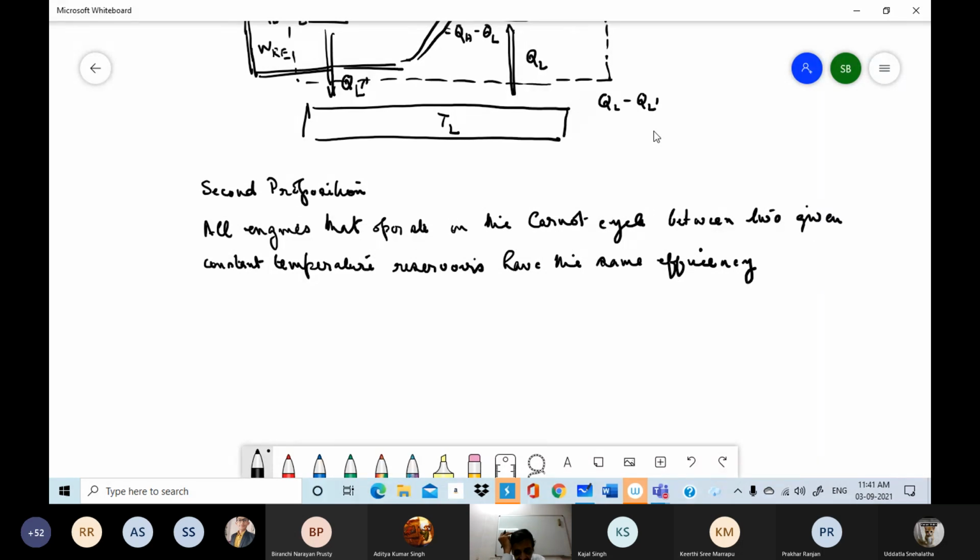Now I replace the steam point by a reservoir at a different temperature. I measure its efficiency. From the two efficiencies, I can define the temperature of the reservoir with which I have replaced the reservoir at steam point.